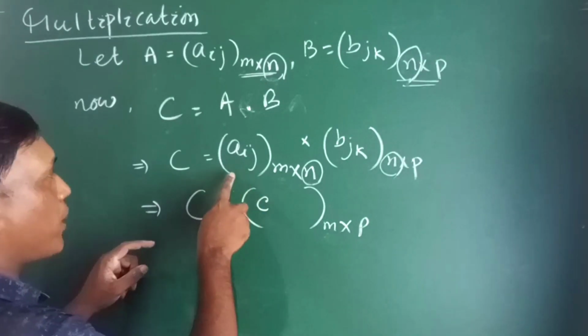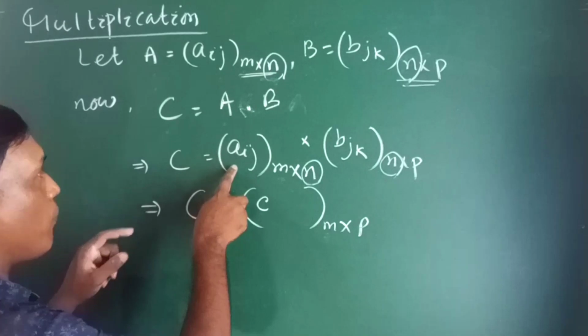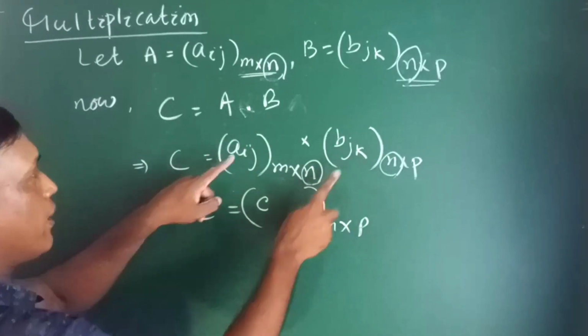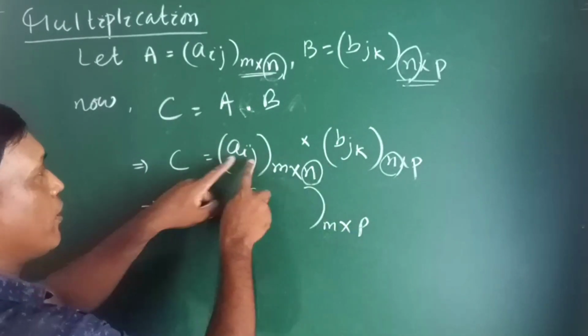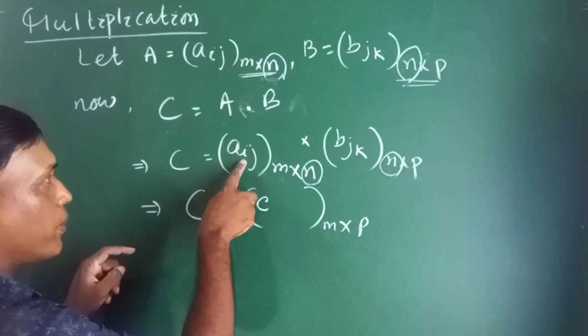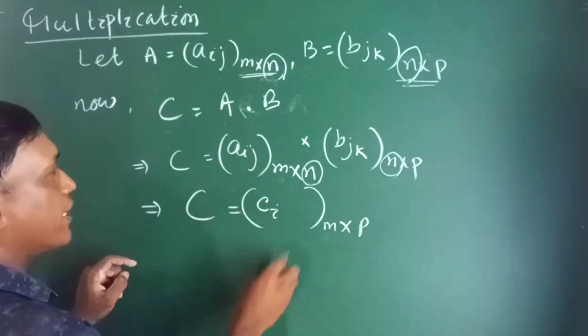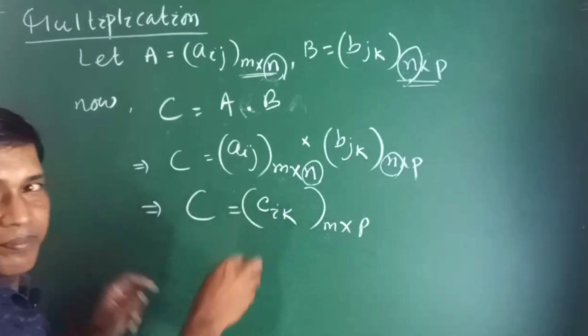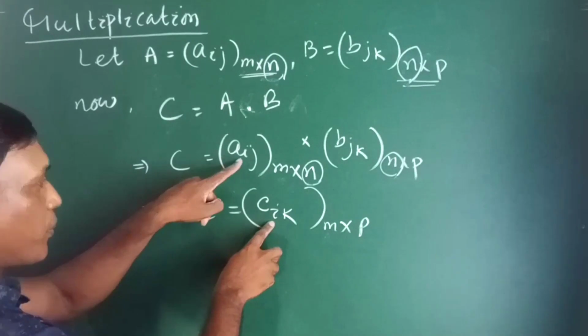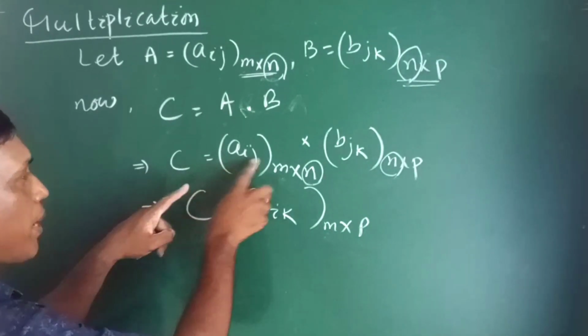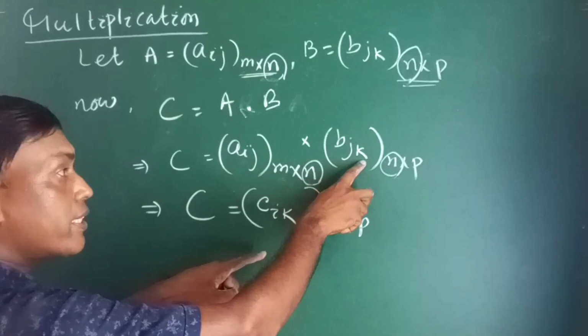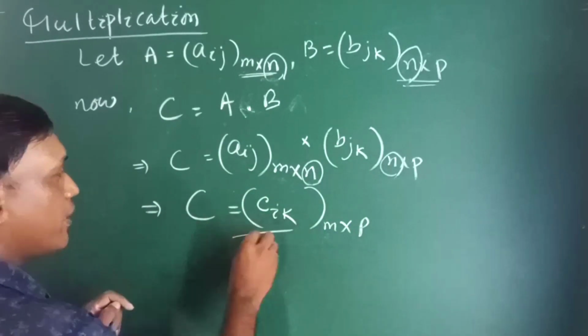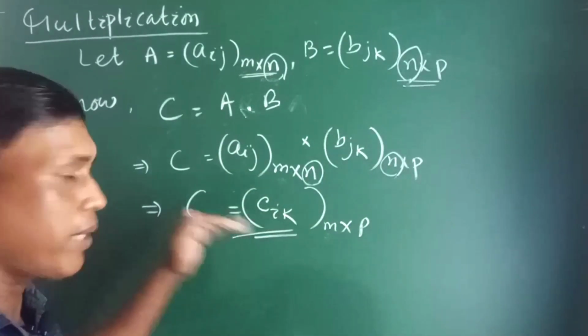So we have to multiply the row of first with column of second. Row means i, so this is c_ik. i for row and this i is from first matrix and column from second matrix k.